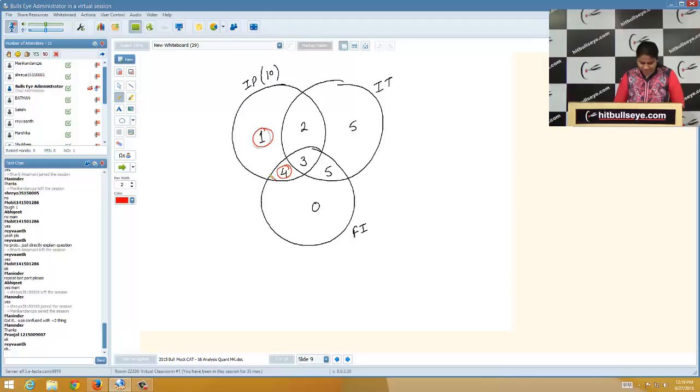What is the maximum number of people who read both India Past and Future India? India Past and Future India, we want to maximize this. Yes, 3 people are moving from this and we want to maximize this area. So we will take the minimum out of this. From these two categories, 3 people are moving out. We can take one from this and they are subscribing to India Today.